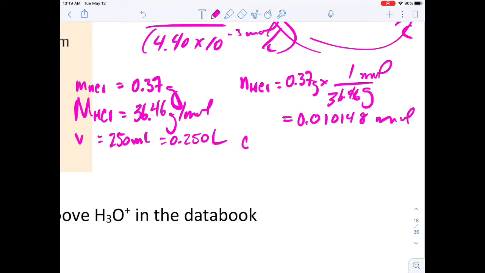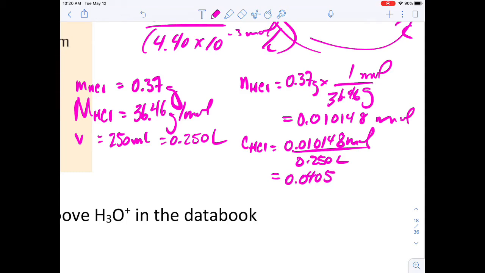And if I want the concentration of hydrochloric acid, I'm going to take 0.010148 mole and divide it by the volume in liters, so 0.250 liters. And so I get 0.040592 mole per liter. So that's the hydrogen chloride.